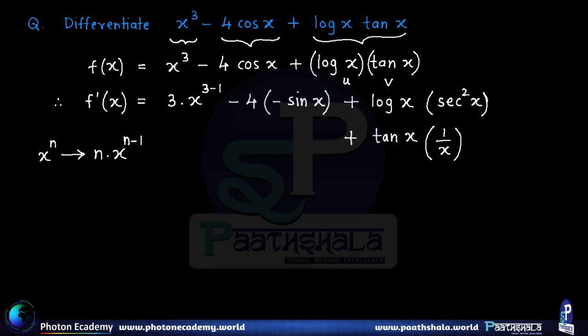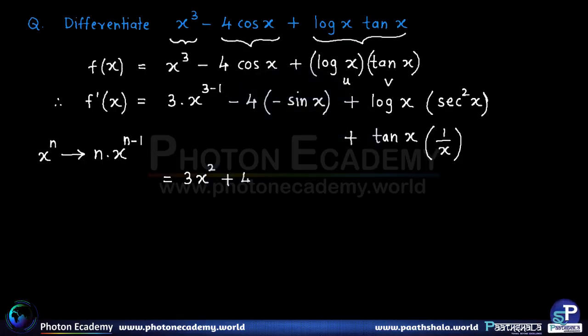So now we have to just simplify this. Now first term is nothing but 3x square. Now second term effectively becomes positive, that is 4 sin x.